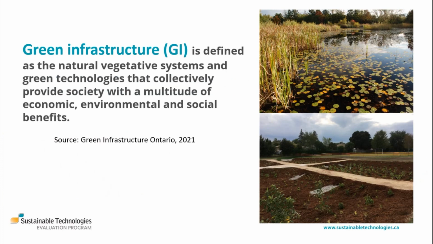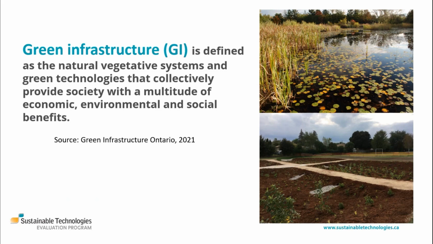To break down the term of green infrastructure further, we want to focus first on how it's defined. This was defined by the Green Infrastructure Ontario group back in 2021. So GI, or green infrastructure, are natural vegetated systems and green technologies that collectively provide society with a multitude of economic, environmental, and social benefits, as we just briefly talked about before. Now, to go a little further, there are 2 different primary types of GI.